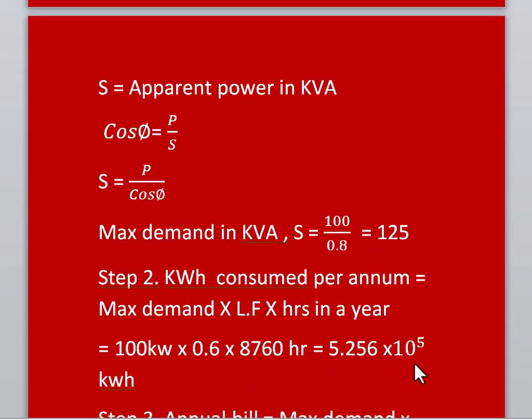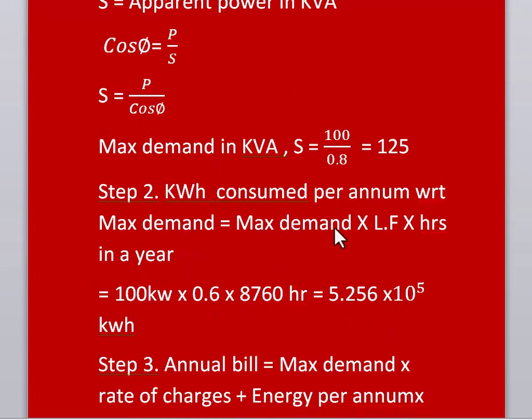Next, step 2 is what is the kilowatt hours consumed, that is energy consumed per annum. So we have the rates, so that is maximum demand into load factor into number of hours in a year. So in step 2, first calculate the number of units consumed per annum with respect to the maximum demand. We know maximum demand in KVA, and the load factor into hours.